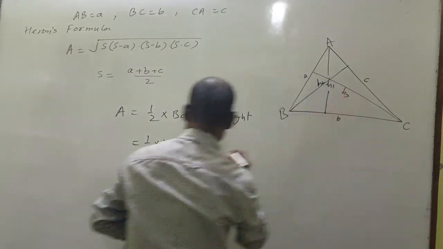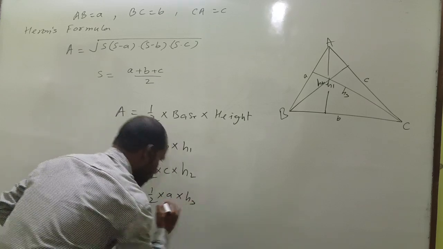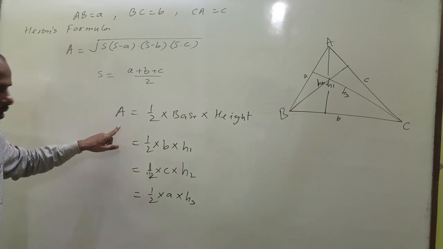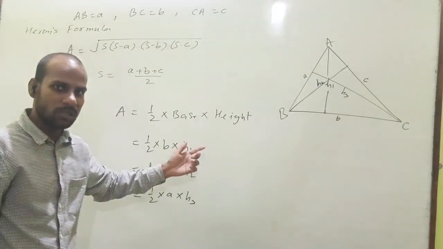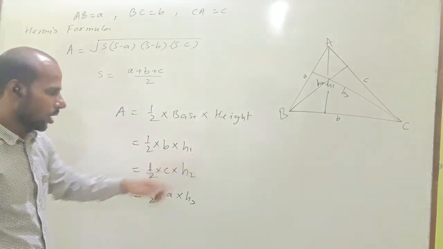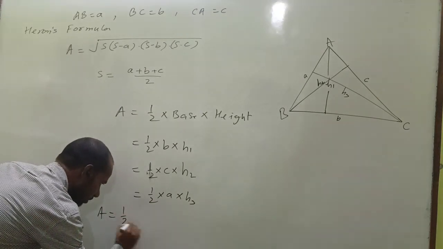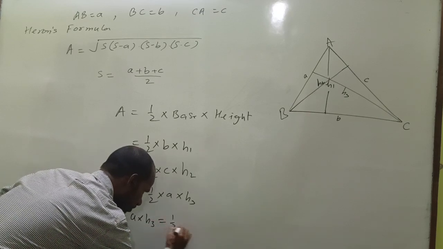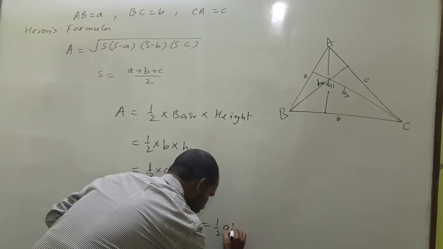Then in this case, area will become 1 upon 2 A into H3. In all these cases, the area is the same, but we can calculate that area by three different methods. In all these cases, we can write that the area is 1/2 A into H3 is equal to 1/2 B into H2 is equal to 1/2 C into H1.